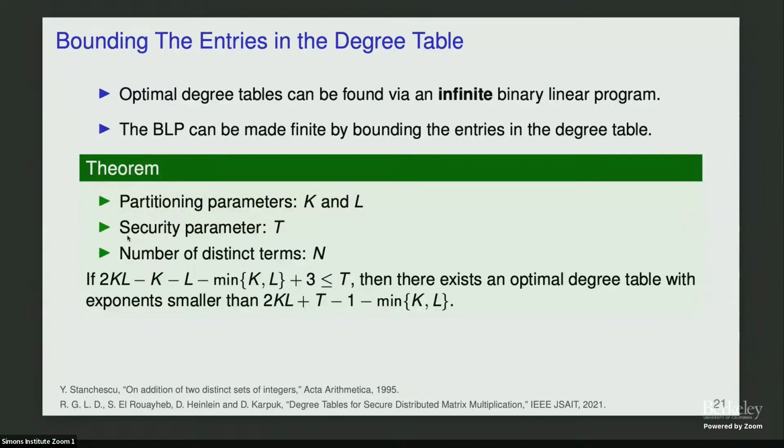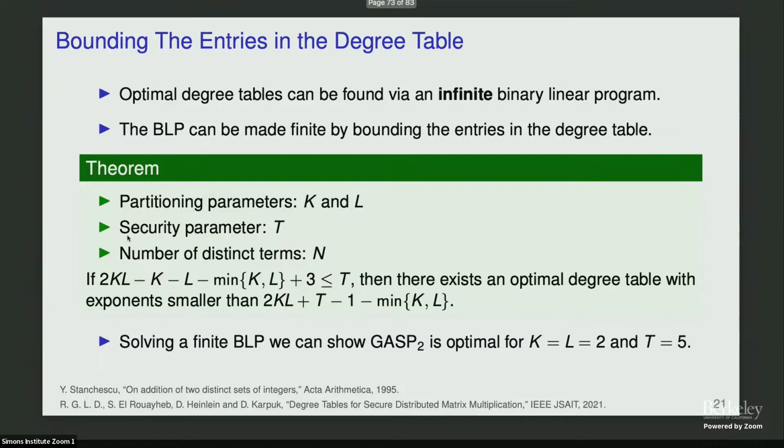We can show that if this inequality is satisfied, then the numbers that you choose will never be larger than this, and you can make it into a finite search. And then for those parameters, for example, for k equal to l equal to 2, and t equal to 5, we can make it into a finite search. And for the finite search, we can then see that GASP2 is the optimal.